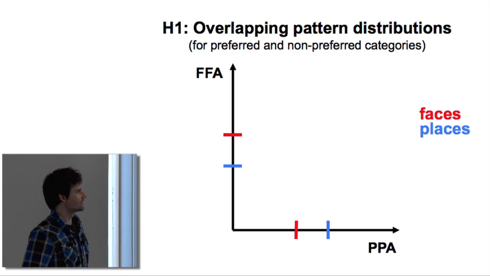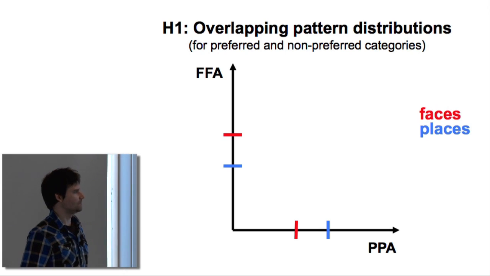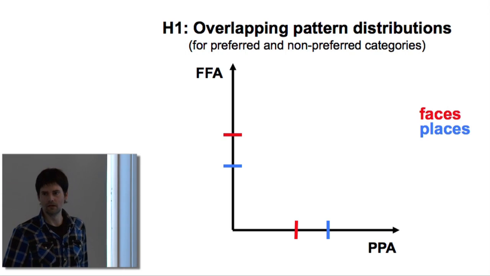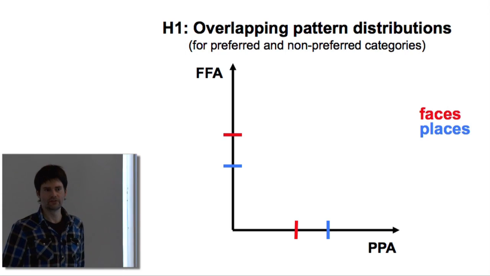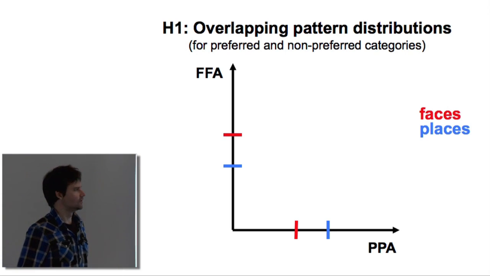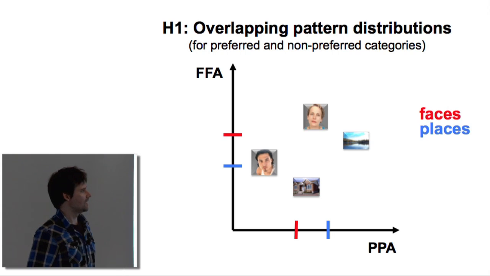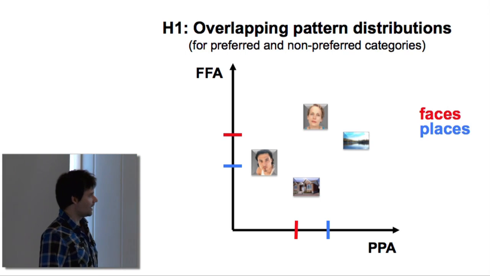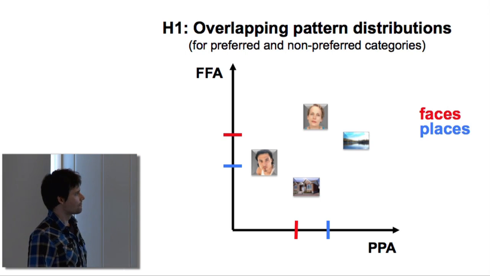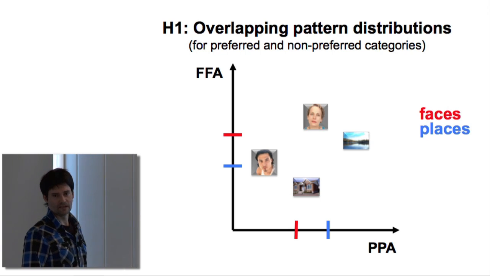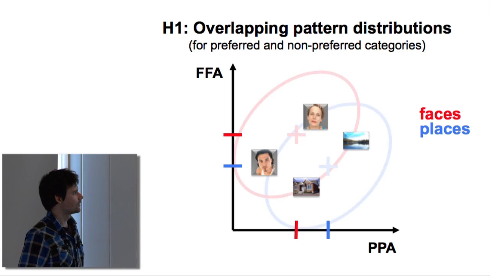What is known is that faces activate FFA more and places activate PPA more, right? But without looking at single image responses, that leaves a lot of possibilities open. For example, you could have faces activating FFA and PPA, and places activating FFA and PPA, and some places or scenes might activate FFA more than some faces, right? So there could be overlap.